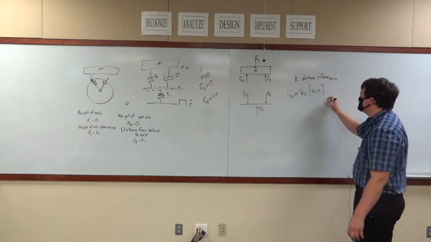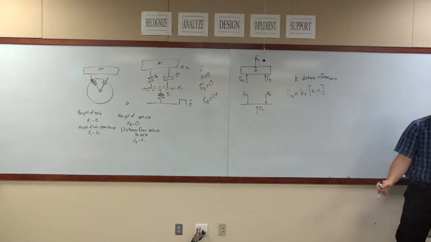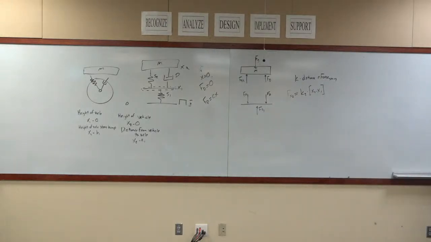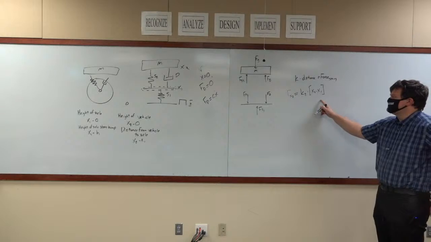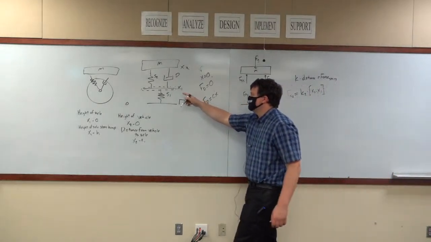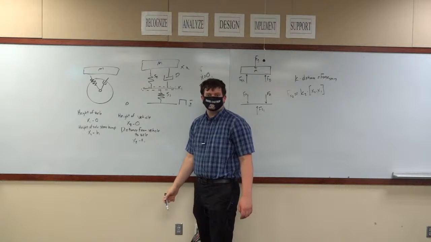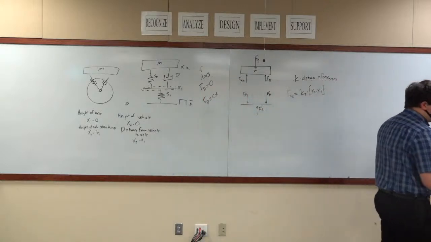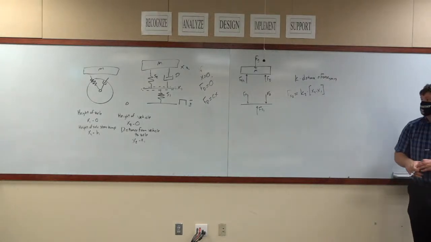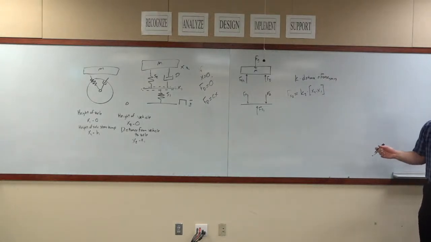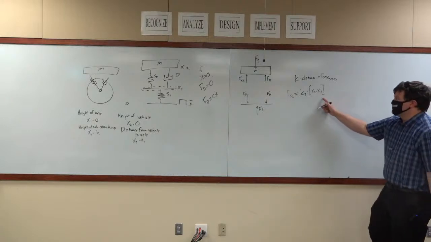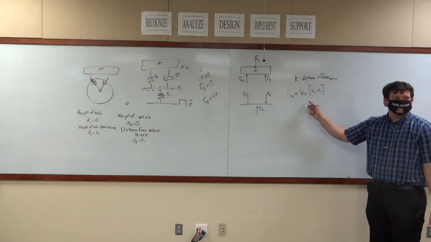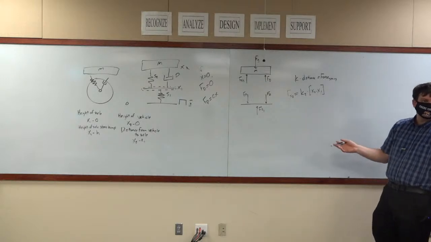Now I put that in brackets because we can't exactly just say, oh, this is what the spring force is. This is the distance, the total length of the spring. This isn't the change in length of that spring. Okay, so yes, that is the length of what spring 2 is, but this is not the force. Otherwise, you get a bigger spring, all of a sudden you have a longer force. No, that's not really it.